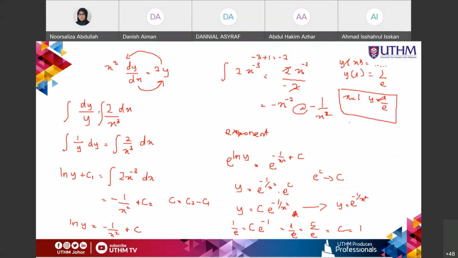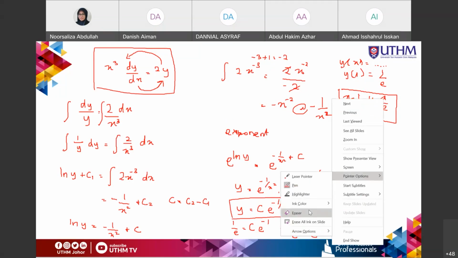Okay, contohnya, awak dah solvekan equation ni kan? And then you dapat final answer you yang ini kan. You ada constant C dekat sini. And then the question state that initial condition y1 equals to 1 over e.